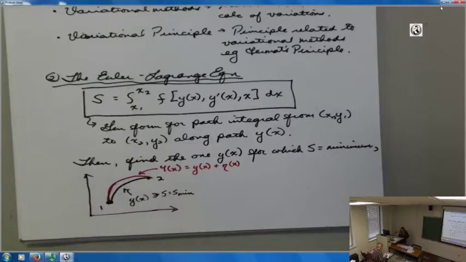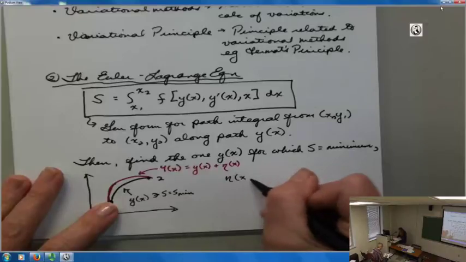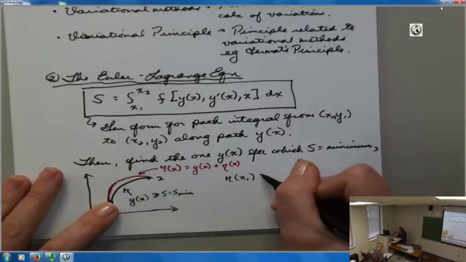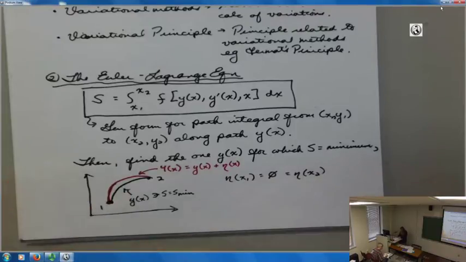Obviously eta at x1 must be equal to 0, as must eta at x2, because they still go from the same initial to final point. So that's my condition.